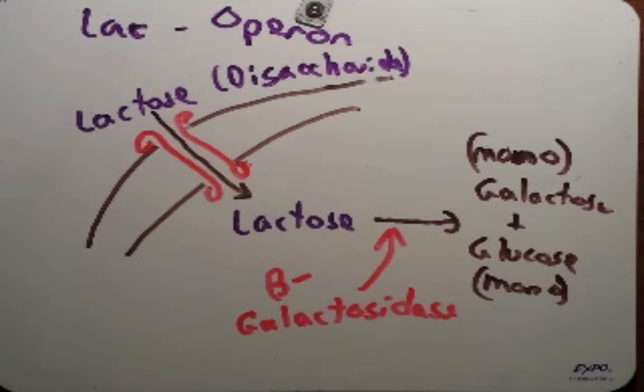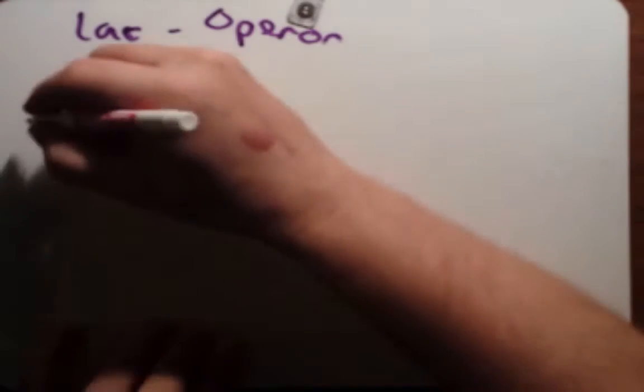So how does it regulate these genes? E. coli and other bacteria packaged their genes into a common operon. So let's talk about an operon first. So let's draw an operon.